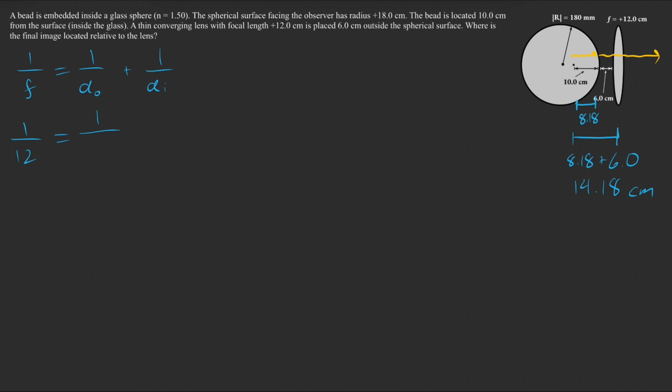So our dO for the lens is 14.18 centimeters. Just to backtrack a little bit and show you why: we care about the image now. The image formed by the refracting surface formed 8.18 centimeters to the left, which means its total distance from the lens is 14.18 centimeters.